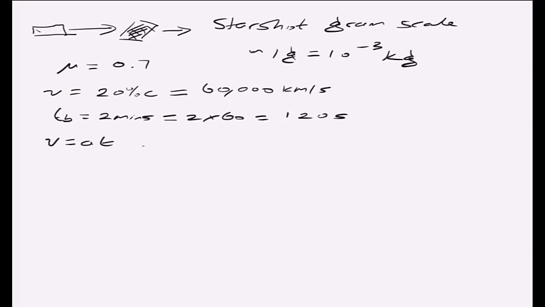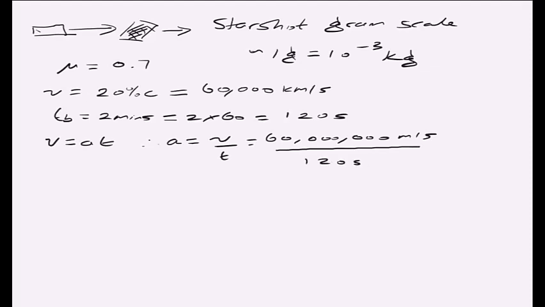Therefore, acceleration is velocity over time, which gives us 60,000 kilometers per second divided by 120 seconds, which is equal to 500,000 meters per second squared.